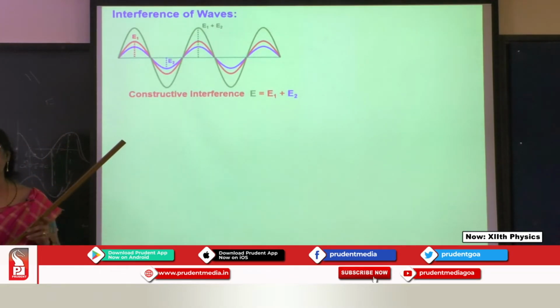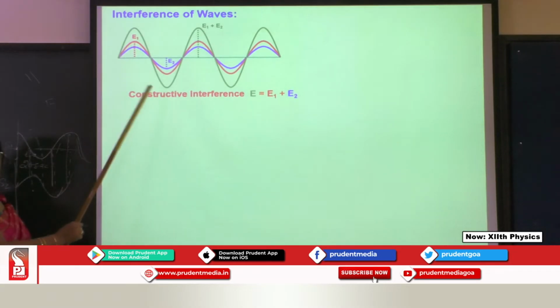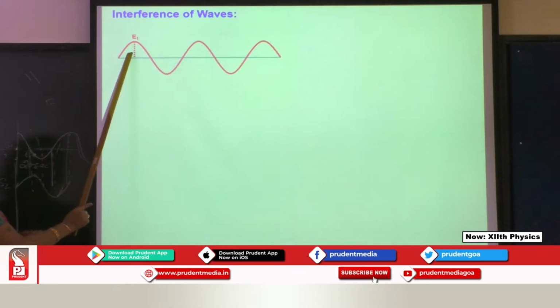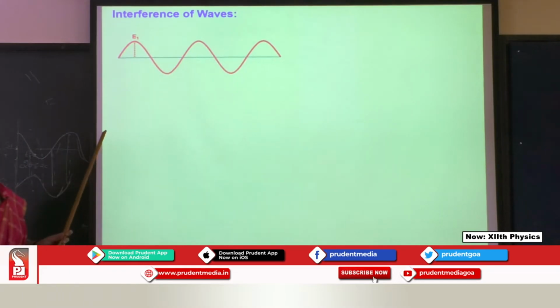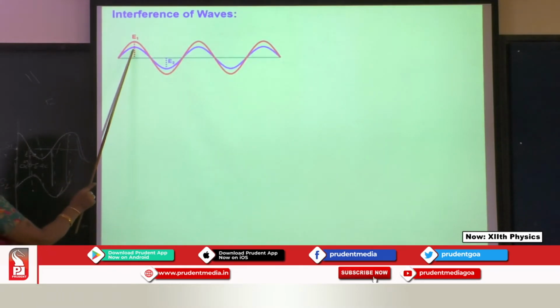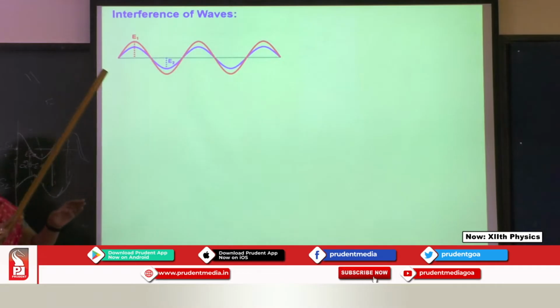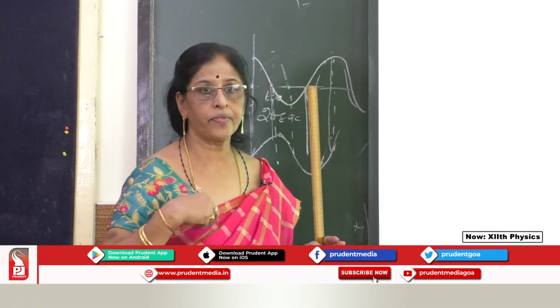When it is constructive, it means when the waves are traveling, if a crest of one wave, for example, I'll just go back and show you, this is the one wave, this we call a crest. Okay. Now the second one. When the crest of one wave and the crest of another wave coincide with each other, crests moving together, troughs moving together, that means they are in the same phase.